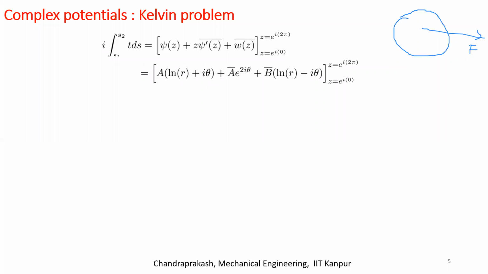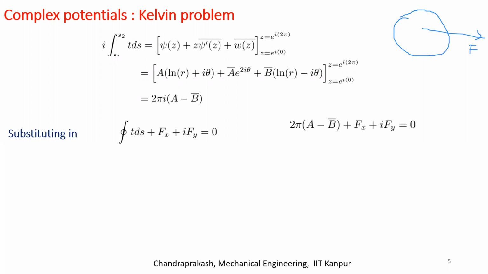Okay, and I'm substituting my answers of both A and B, right? And I'm getting one simpler expression. Okay, and I'm going to substitute this in the given equation. In the given equation, we have chosen that the force F is acting in the x direction. So my Fy would be 0.